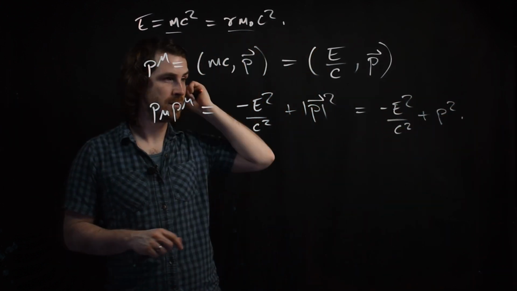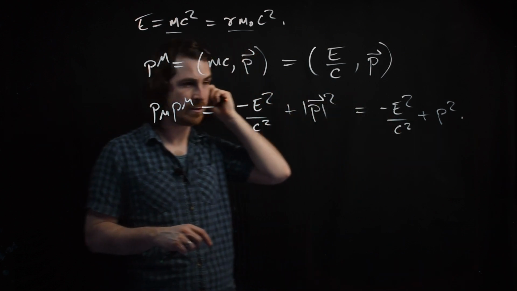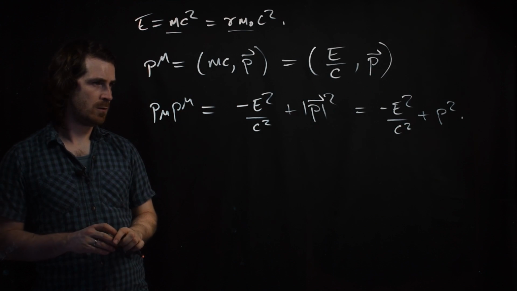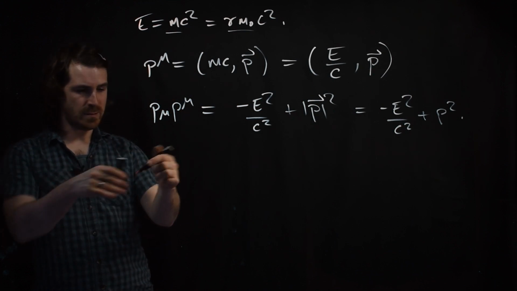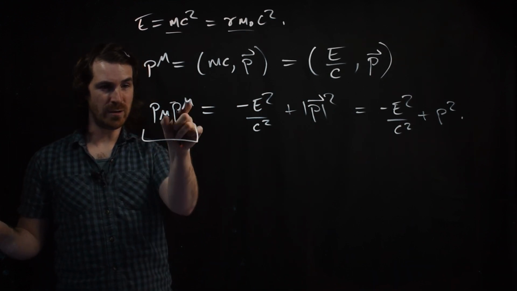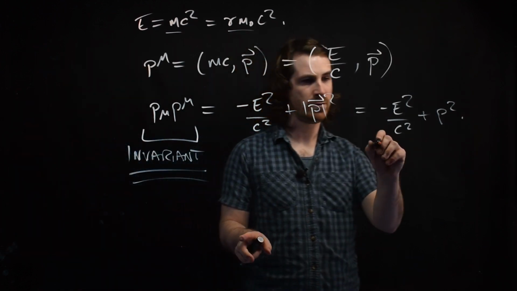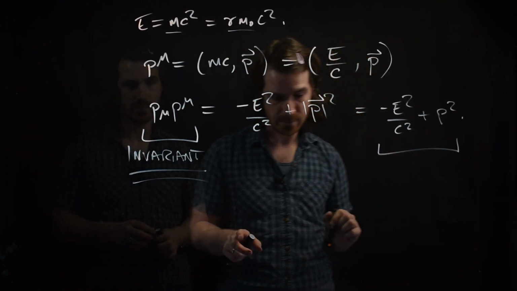This is just a scalar quantity, so p is just a number. This thing is a four-vector inner product, so it is invariant.